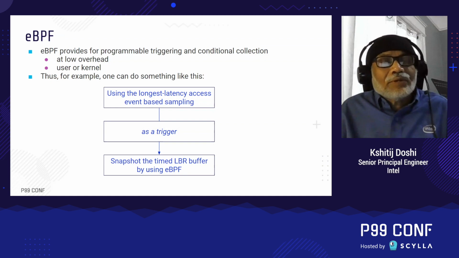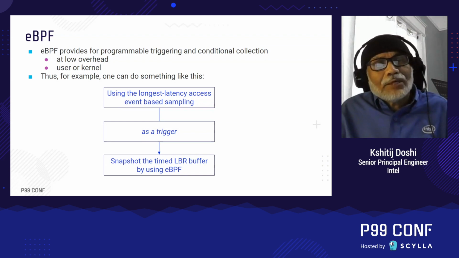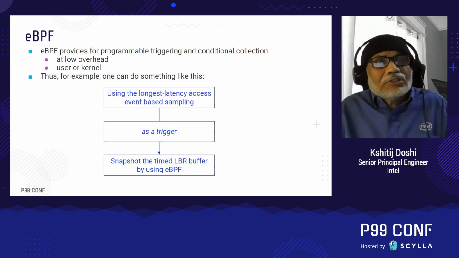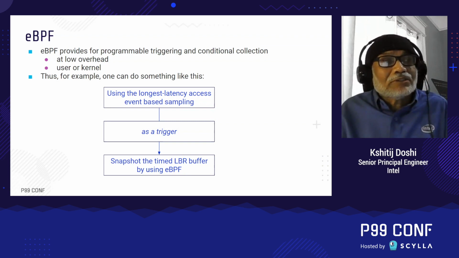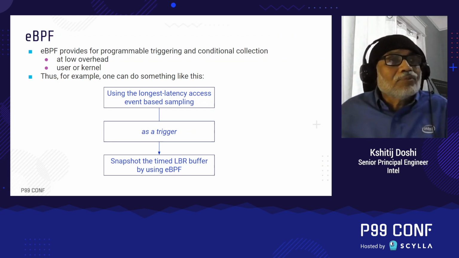One can collect a significant amount of longest latency access event based sampling, and then use that as a trigger to collect a snapshot of what was in the timed LBR buffers, so that one can see not only where these longest latency accesses are occurring, but what was the time history of the thread that came through and was in the vicinity of those long latency accesses.